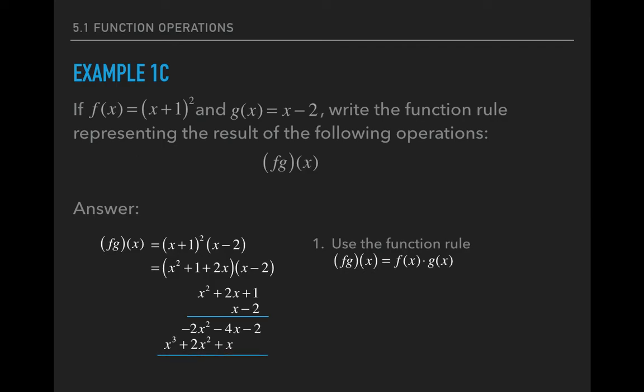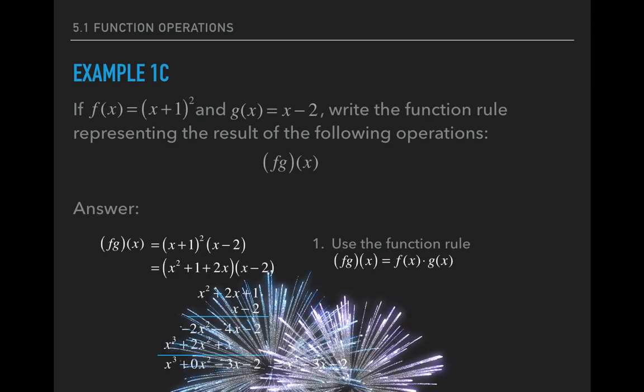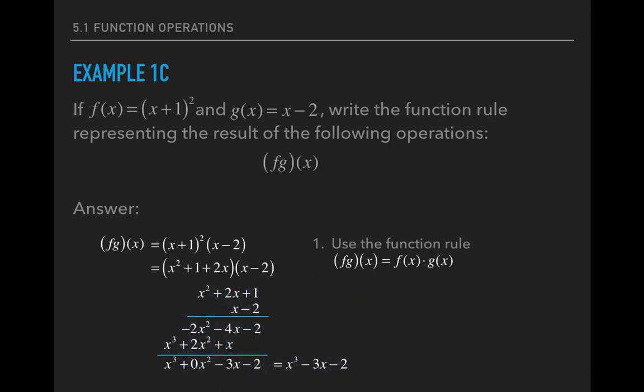Now we will combine like terms using addition, and you'll have just 1x cubed. The x squares actually cancel out. If you have negative 4x and a 1x, that's going to be negative 3x, and then the negative 2. I'm going to simplify that because there's no need to write 0x squared. So the product for f and g is x cubed minus 3x minus 2.